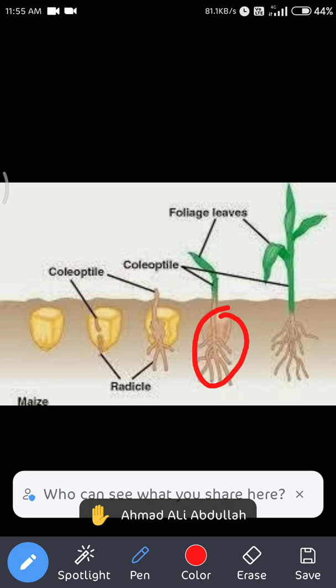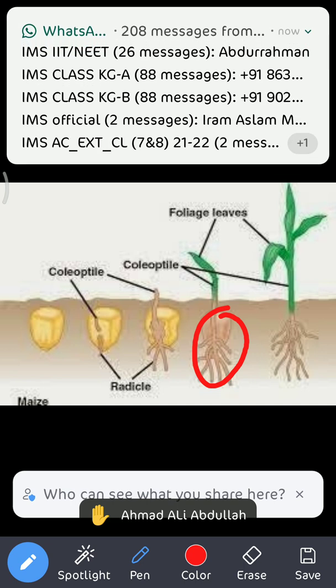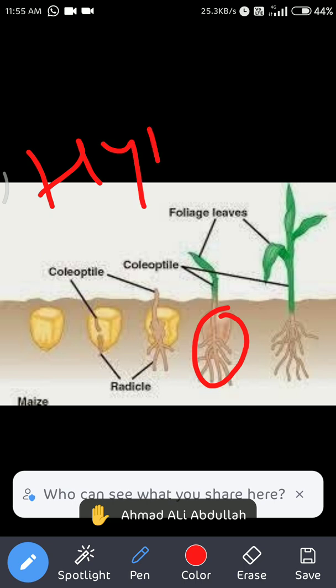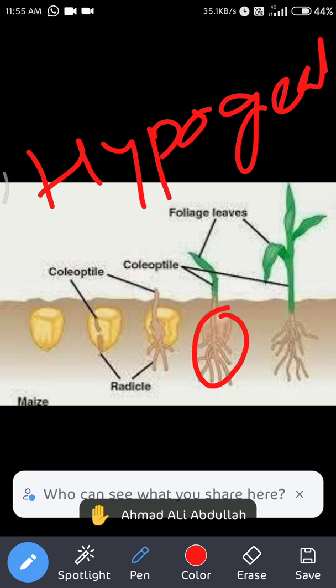It does not come out. It's hypogeal, and that one is the apical germination. So there are two types of germination. This is hypogeal germination, and the other picture which I showed you just now is apical germination.